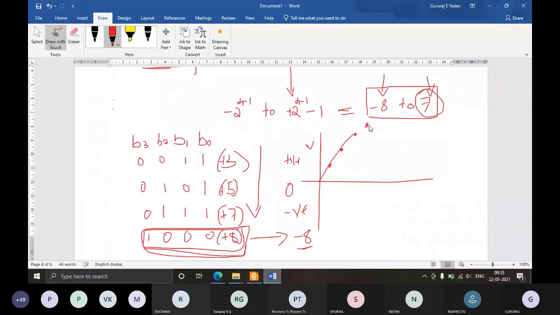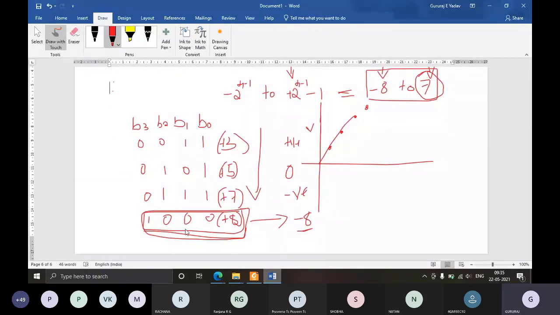But the maximum range was exceeded, so we ended up representing +8 as -8, because that is how you represent -8 here: 1 0 0 0. Instead of the graph going to the next value, it immediately went to the negative value here, -8, which was wrong. It should have gone to +8.